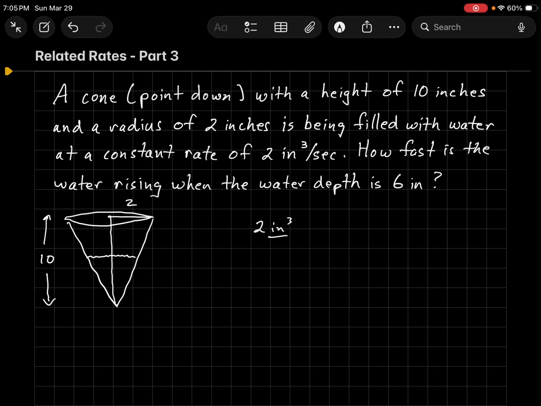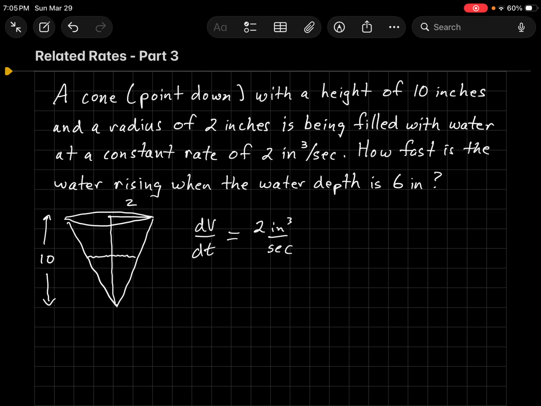So something is changing. Now, what's changing? The units tell me that is volume. So I have a change in volume, because we have inches cubed per second. Okay, so I'm probably going to need a volume equation.